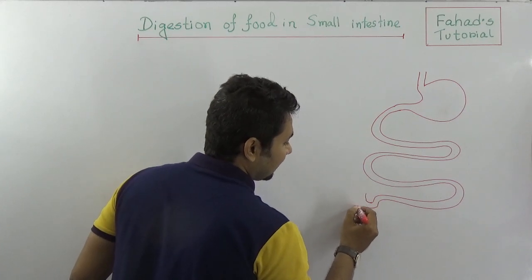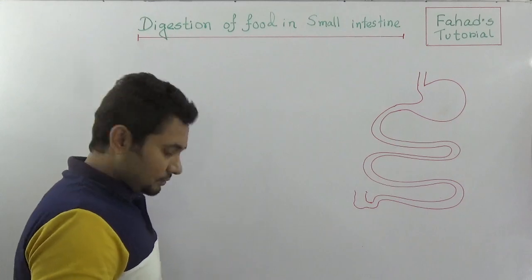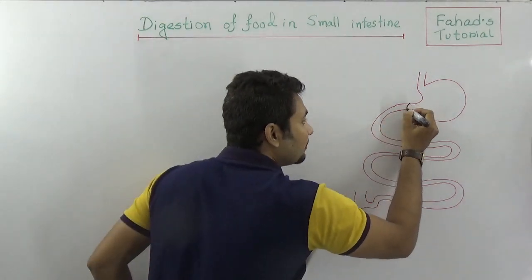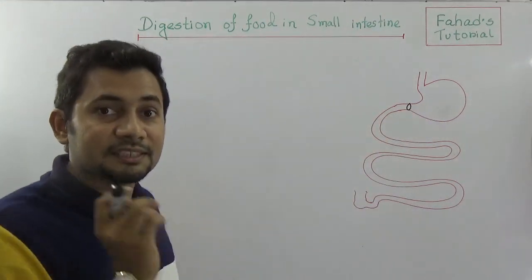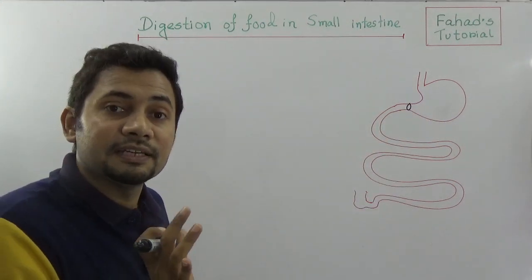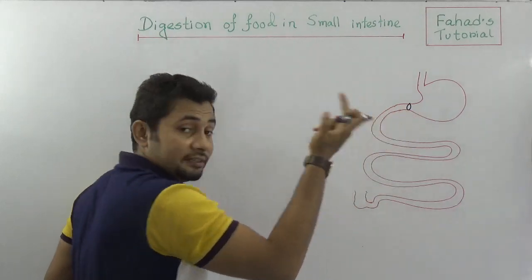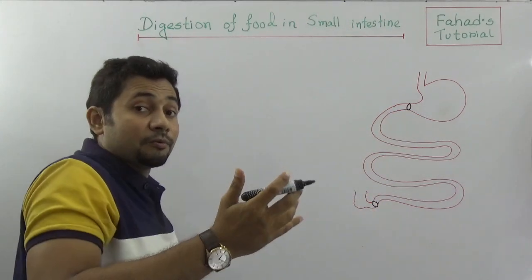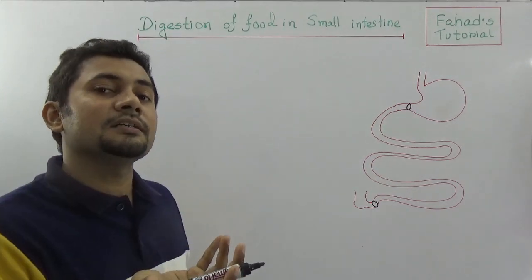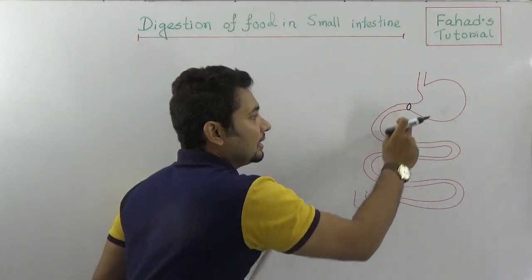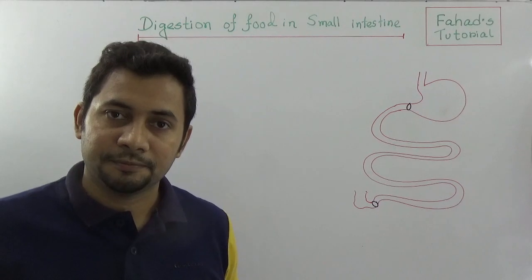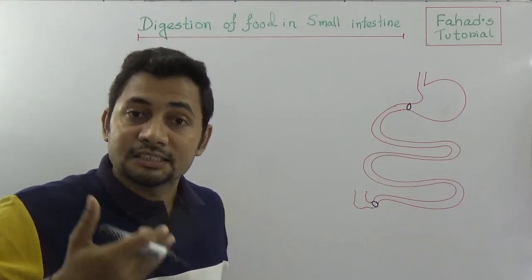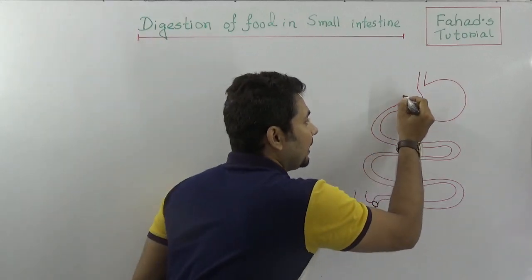This is the pylorus of the stomach, with a sphincter called the pyloric sphincter. From the pyloric sphincter to the ileocolic sphincter, where the large intestine starts, is the total length of the small intestine.